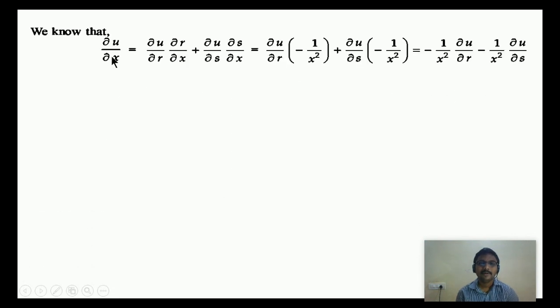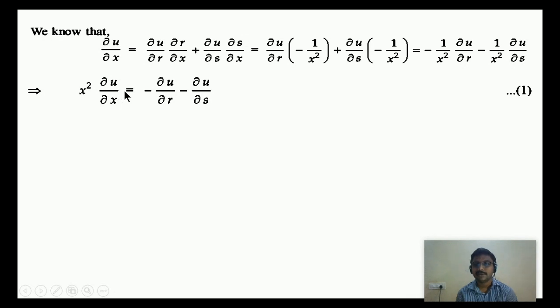Now ∂u/∂x can be split as ∂u/∂r into ∂r/∂x plus ∂u/∂s into ∂s/∂x. Substituting the above values and then simplifying, we will have the value of ∂u/∂x. Multiplying on both sides with x square, we will have x square into ∂u/∂x.